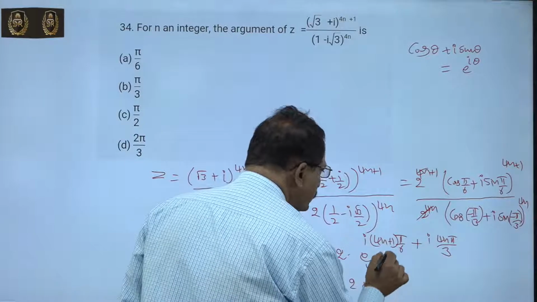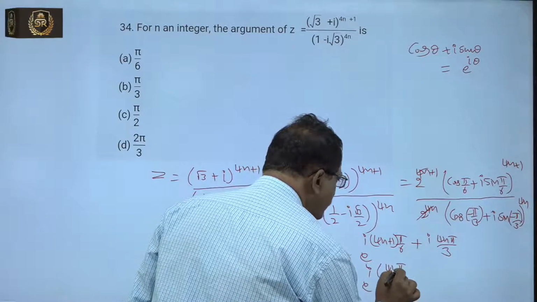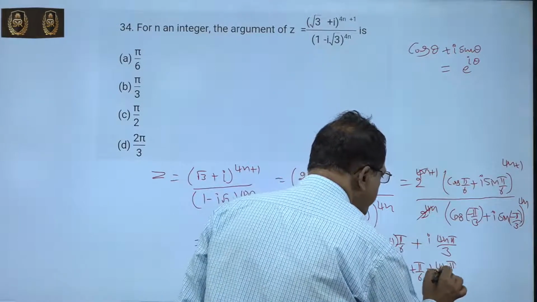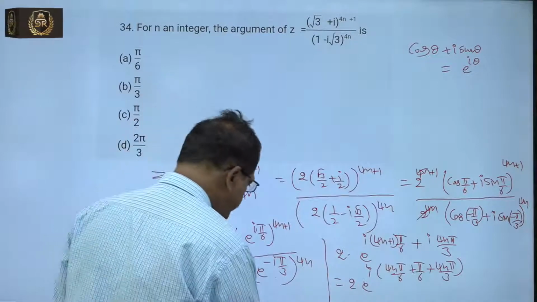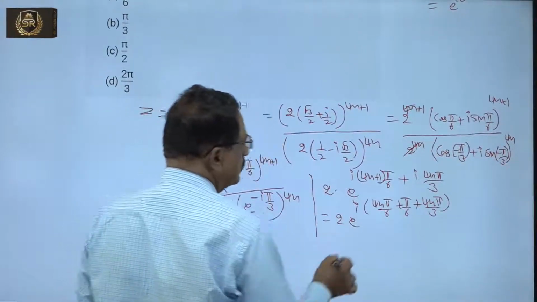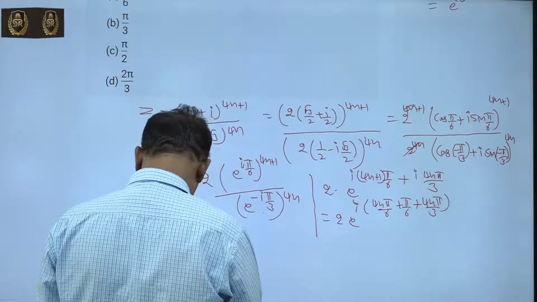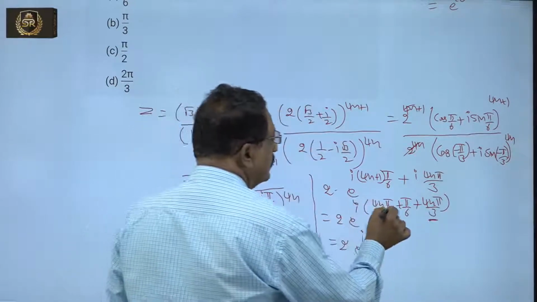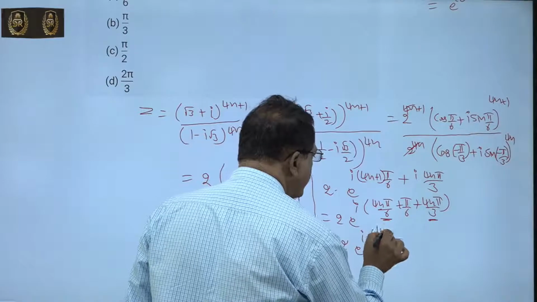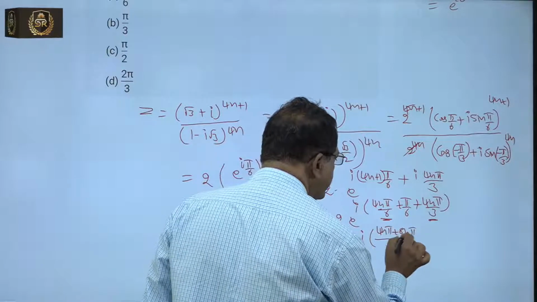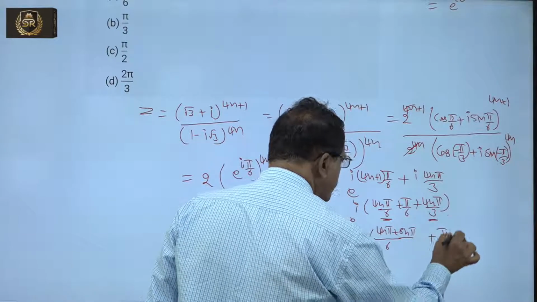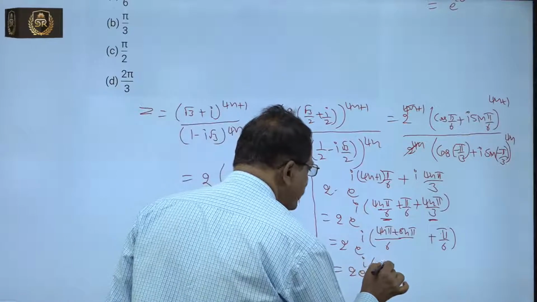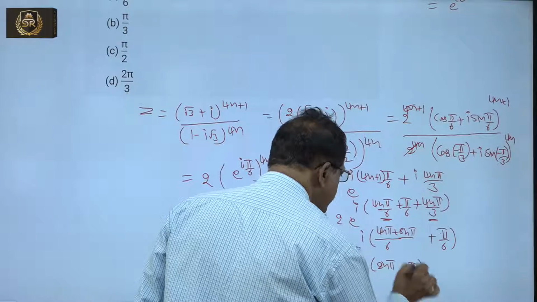That equals 2e^(i(12nπ/6 + π/6)), or 2nπ + π/6.